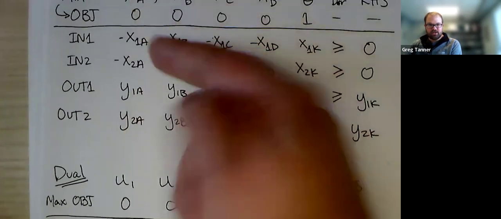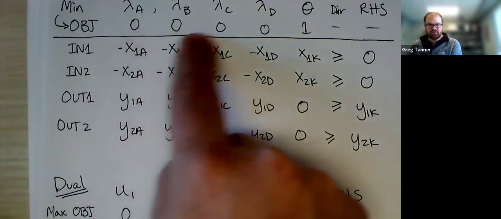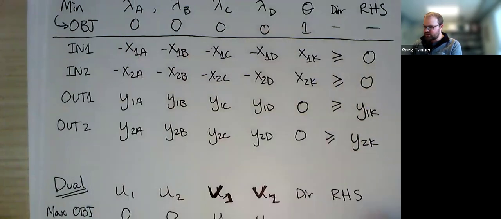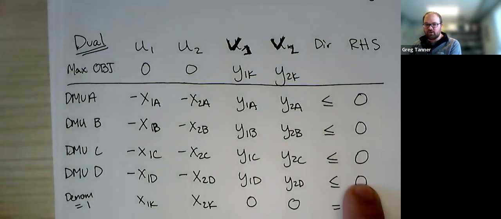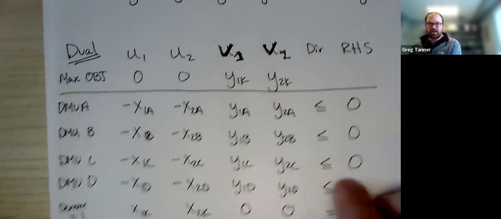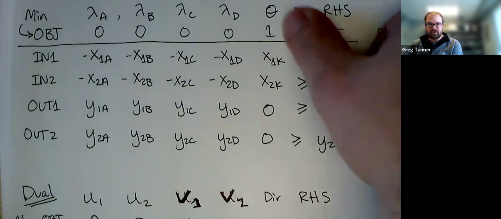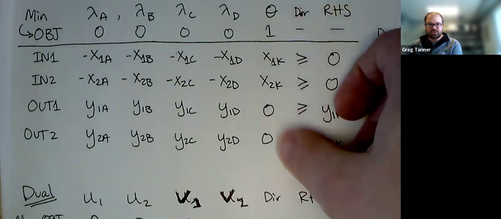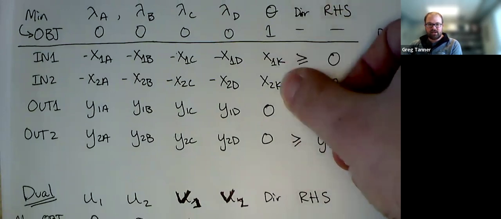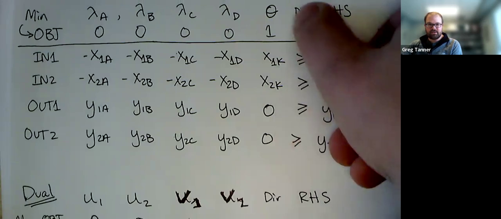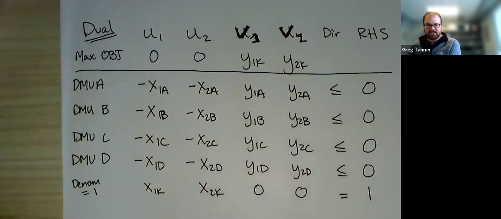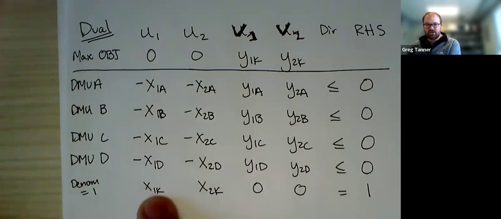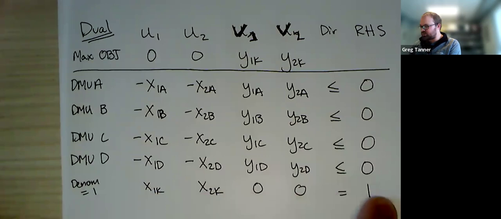Notice that the objective was 0 for each of the lambdas, and so the right-hand sides end up being 0 for each of the first four constraints. We then have the theta variable here, which had x1k, x2k, 0, 0, and then a 1 in the objective row. That corresponds to the denominator being equal to 1, with the x1k and x2k, 0, 0, and then equals 1.